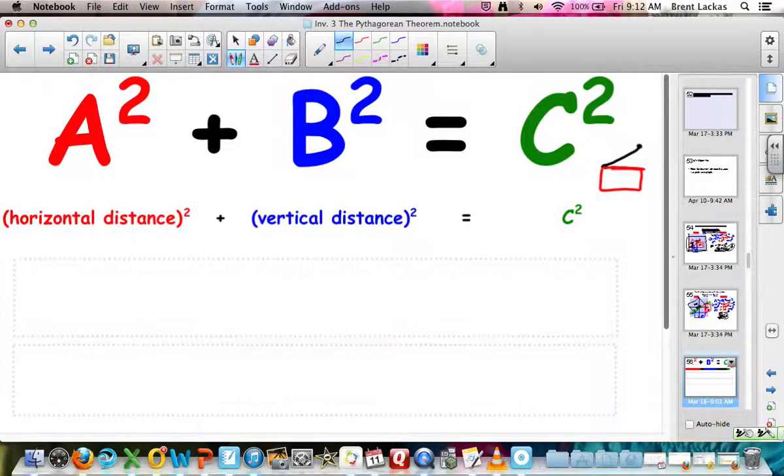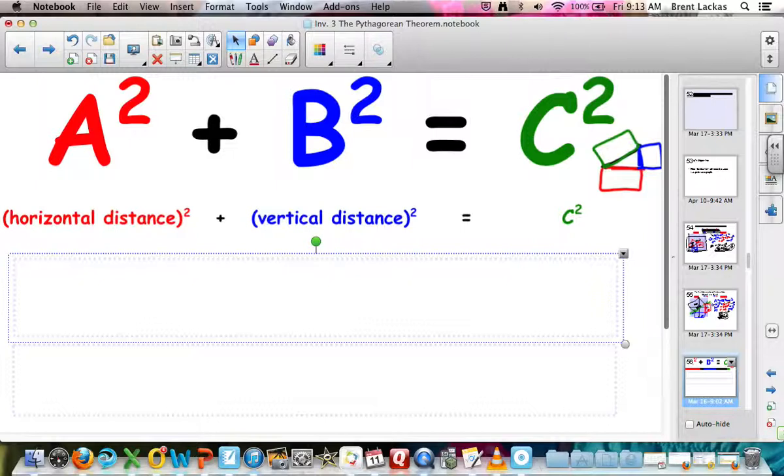How can I do that? I can subtract my two x coordinates. I also need the vertical distance right here so that I can get my area of the square of the vertical leg. When I add these two together, then I'm going to have my hypotenuse square. So it's really the horizontal distance squared plus the vertical distance squared giving me my hypotenuse square.